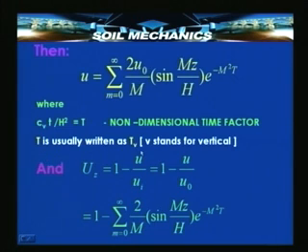T is usually written as Tv, V standing for vertical direction. That is because a little later we will also be seeing another form of consolidation, which is not only vertical, but it is also radial in direction. So, to distinguish T for vertical from the other forms of consolidation, we have used the letter Tv.